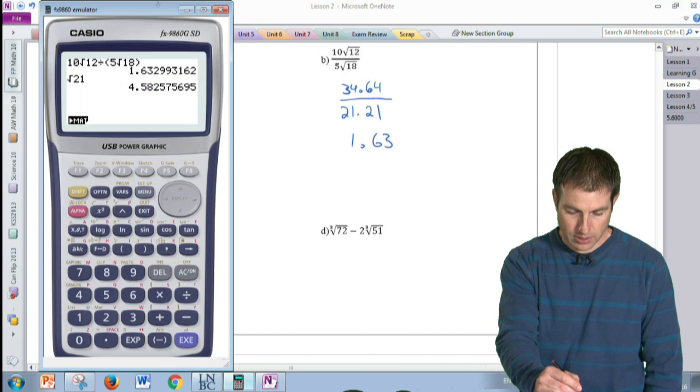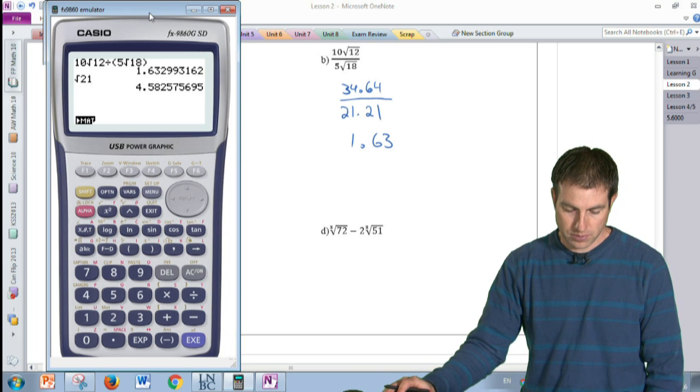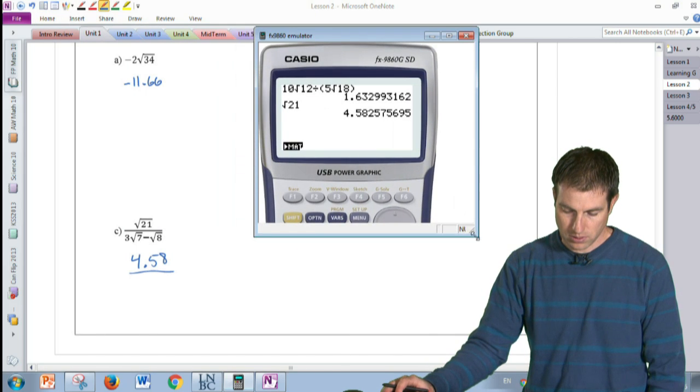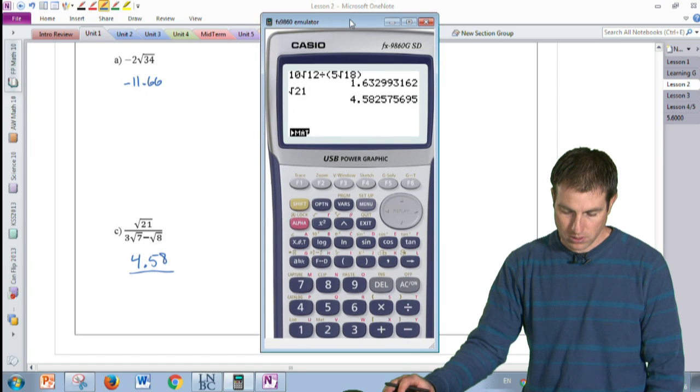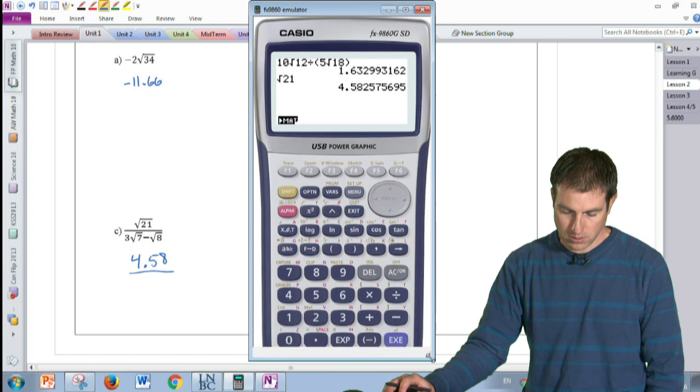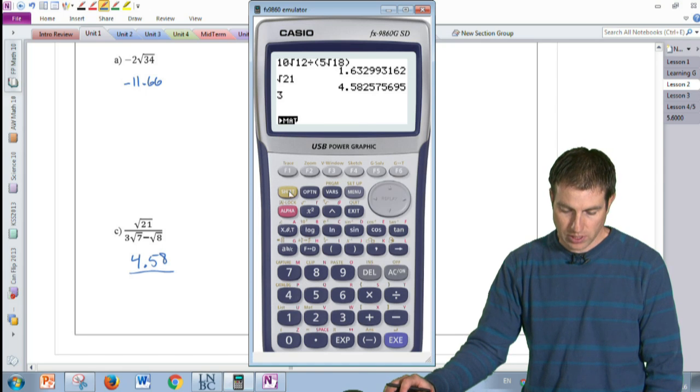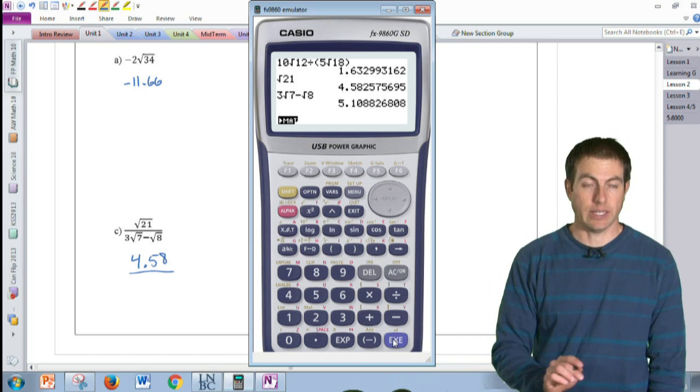And then I'm going to have 3 times square root of 7 minus square root of 8. I get 5.1088.